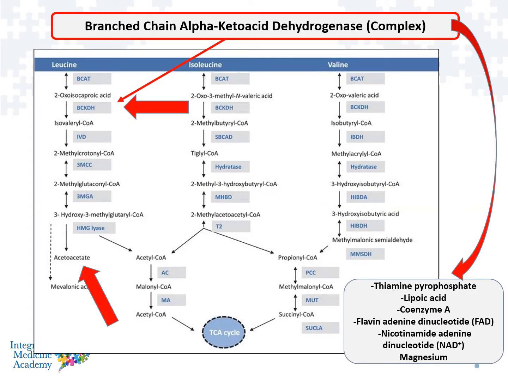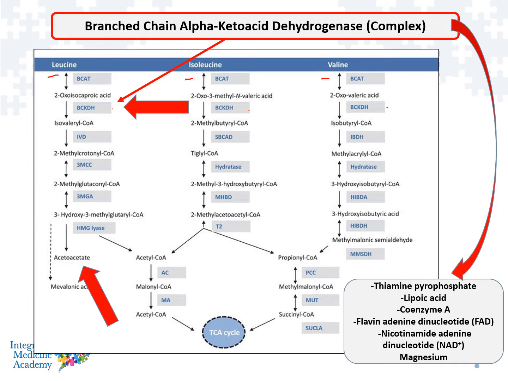Where many of these markers are linked to from a biochemical standpoint are to a specific enzyme complex called branched-chain alpha-ketoacid dehydrogenase. And you'll notice that this branched-chain alpha-ketoacid dehydrogenase complex is actually linked to 3 different amino acids, leucine, isoleucine, and valine.